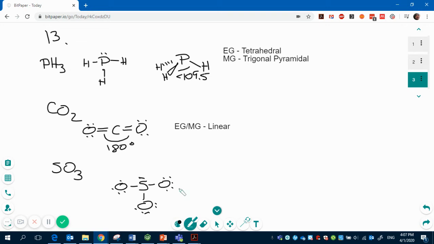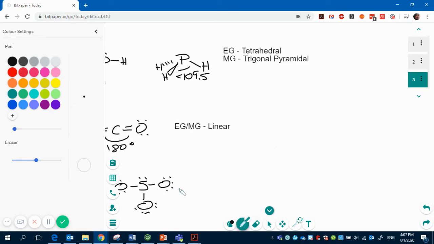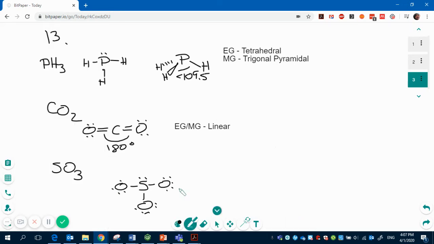And obviously it's not going to be like this because of all the unpaired electrons. So what we are going to do is try and pair some stuff up, and SO3 ends up being a bit of a funny one because it's very hard to explain. One of the ways we can draw it is like this.